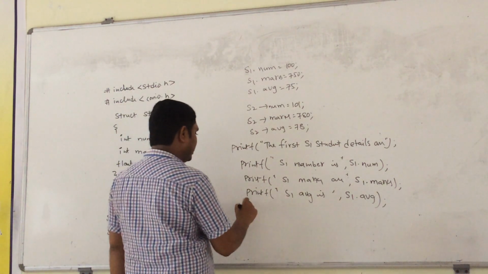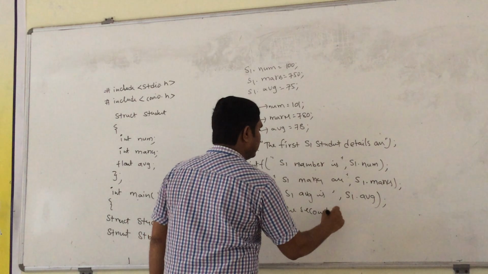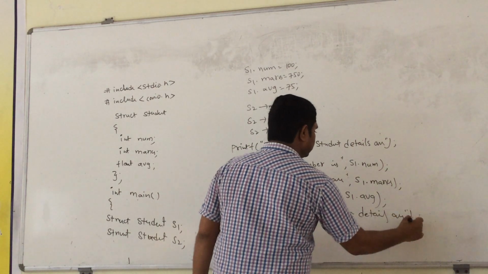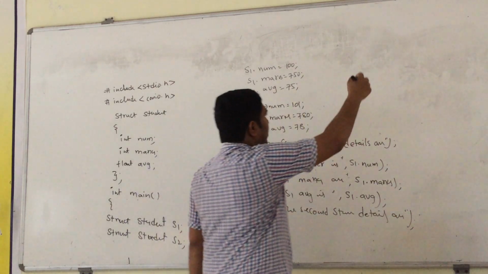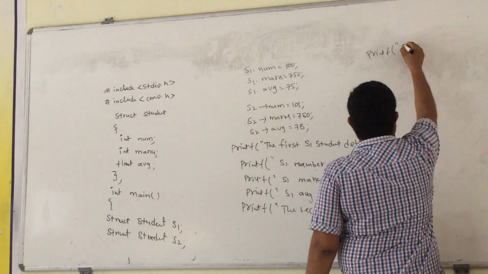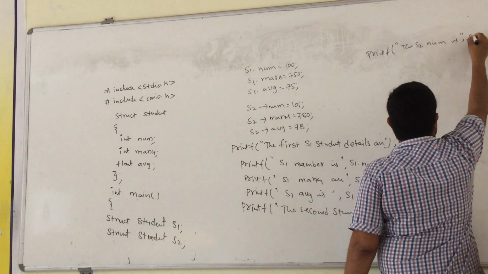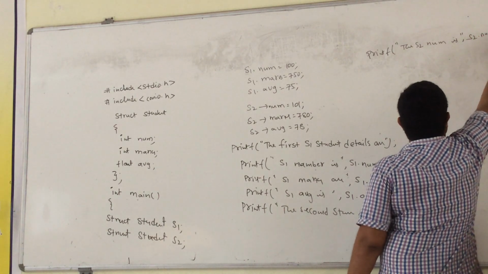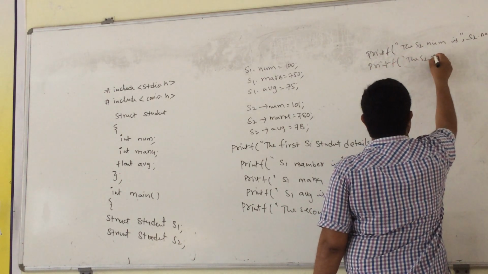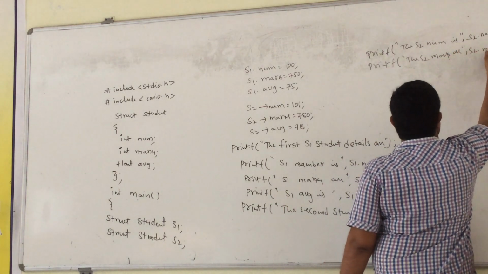Similarly, I can print the second student's details also. Printf the second student's details are: printf the S2 number is, S2 dot number. Printf the S2 marks are, S2 dot marks.